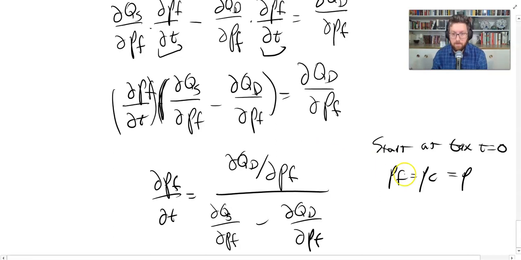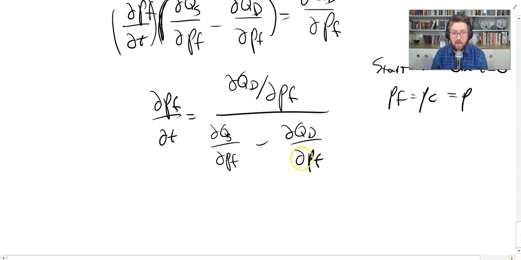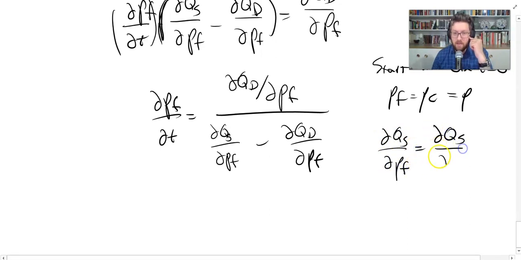Okay. So one thing that's kind of useful is that since we're at the point where PF is equal to PC is equal to P, we can now say, all right, well, the derivative of the supply with respect to a change in the price PF, we can just rewrite that as how supply changes when you change the price, because the price is PC or PF.